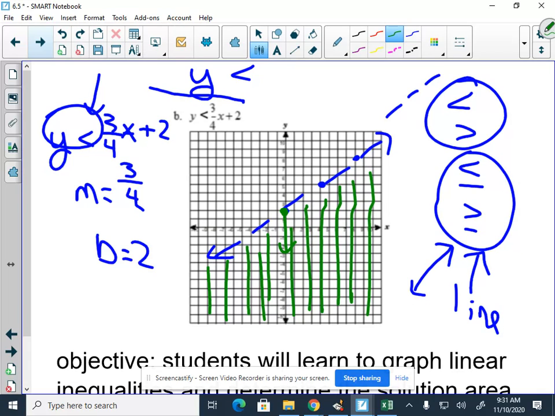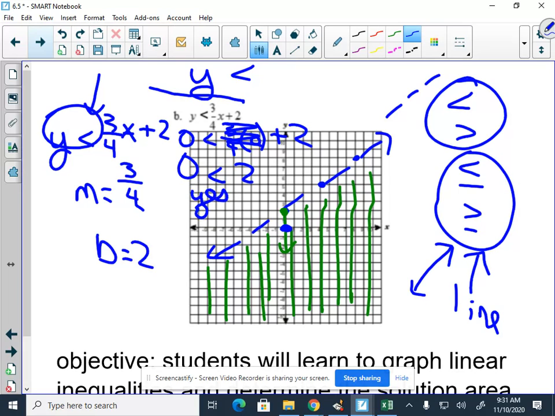If I were to use a test point, the test point I try to always use is 0, 0. Now again, if you understood that, you don't have to do the test point. So if you get how to shade, you're good. If you don't, you have to use the test point. I put in 0 for Y, I put in 0 for X, and I get 0 is less than 2.